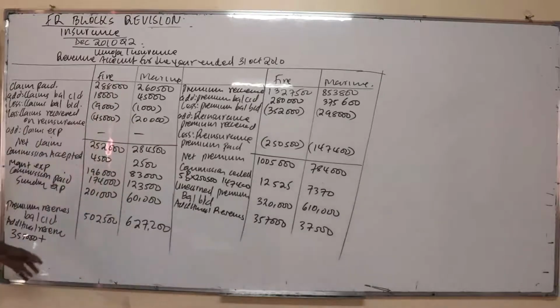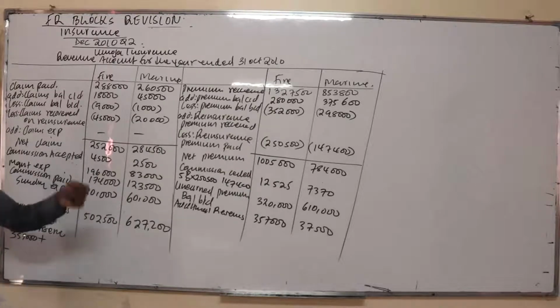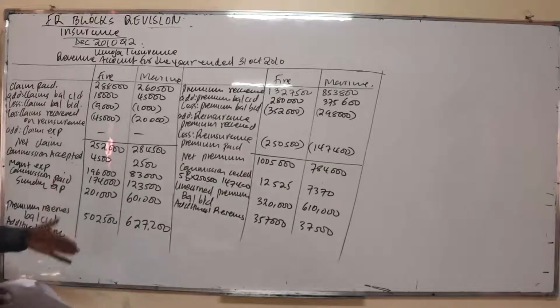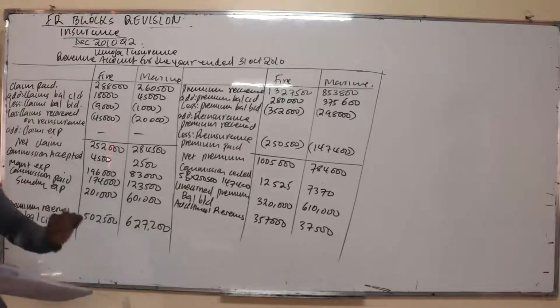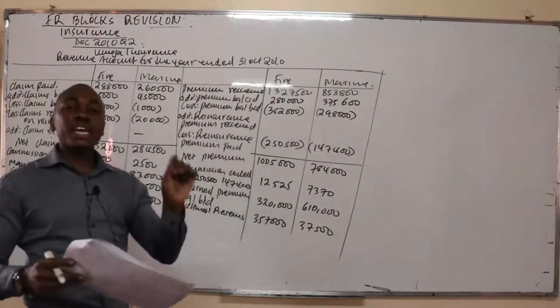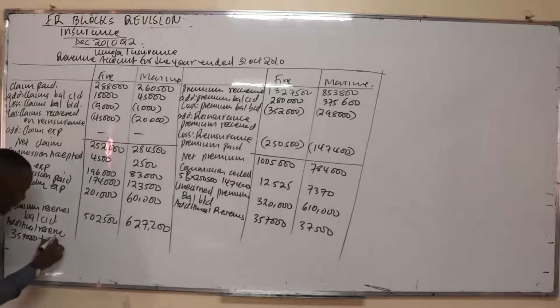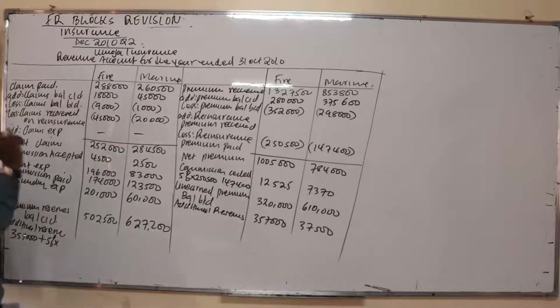If the statement was increased by 5% of the reserves, we would have taken 357 times 105%. But in this case, it's 5% of the net premium.